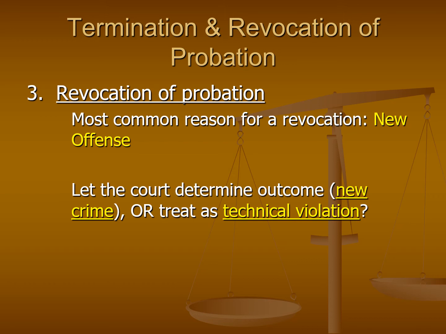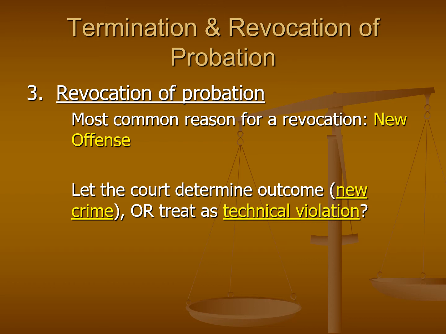Now the probation officer needs to determine, do we let the court determine the outcome for the individual, where charges have to be filed, the person has their day in court, they have their plea, and et cetera, et cetera. So do we let the court determine the outcome to determine, did they really commit a new crime, or are they acquitted? And then there's no official new offense on the record.